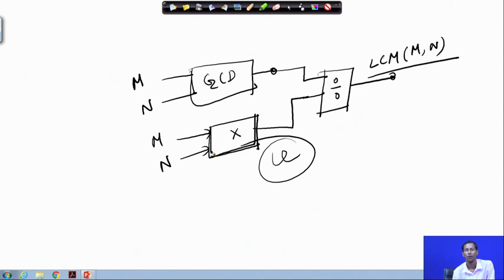So, we have to start from the basic, and from the basic we keep on building the cell. This is the implementation of the GCD function.